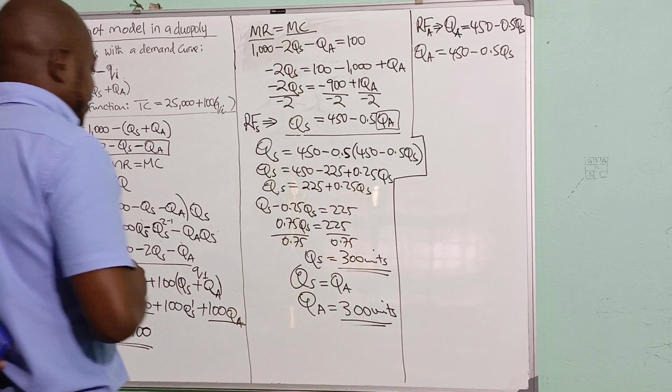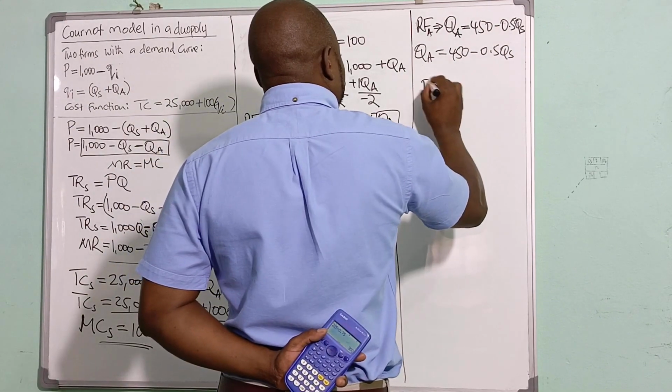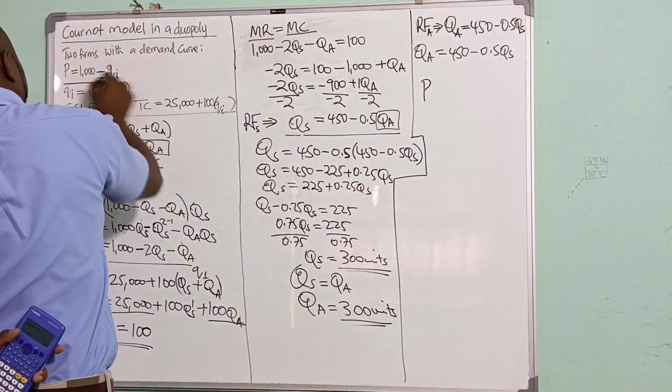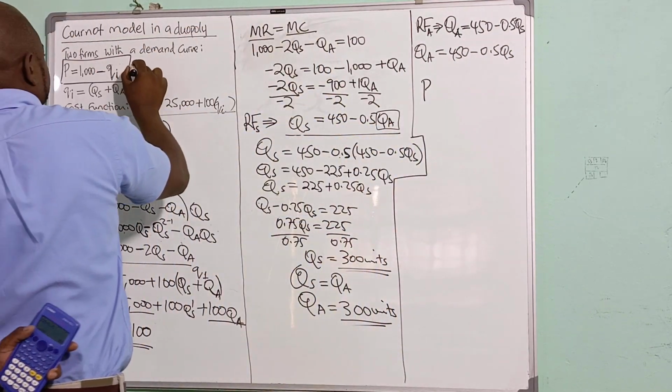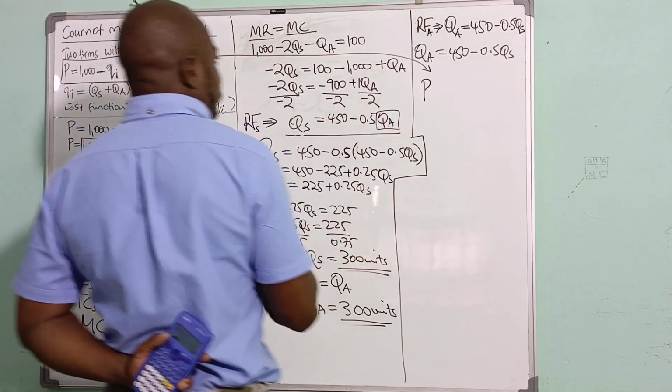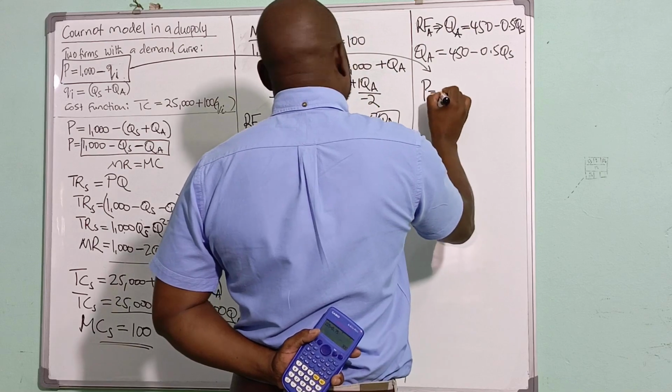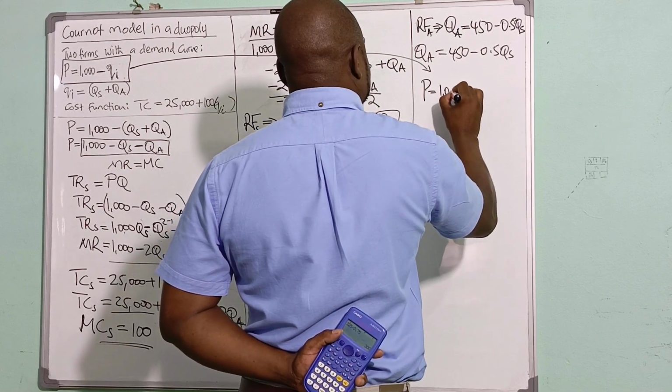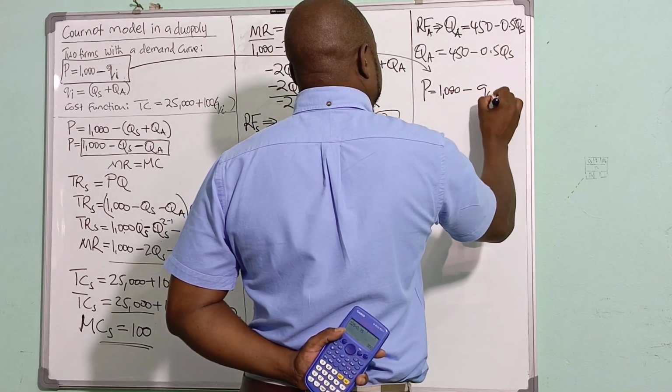So we can find the price. The price is equal to 1000 minus QI.